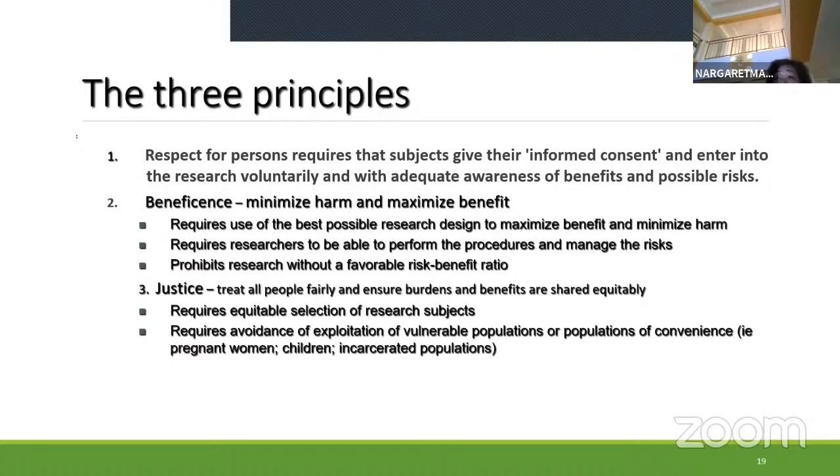Justice: you must treat everybody equally. You must respect everybody equally and ensure that the burden and benefits are shared equitably. There should be equitable selection of research participants. Don't go and take the vulnerable because you know that they have no voice. It will not be allowed.